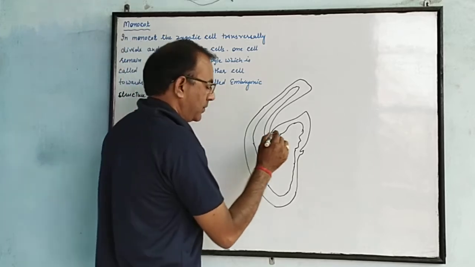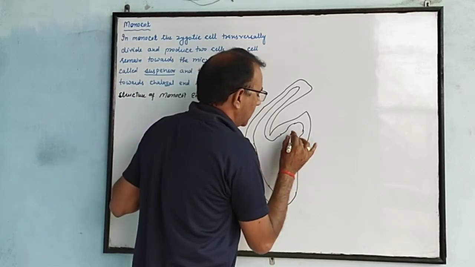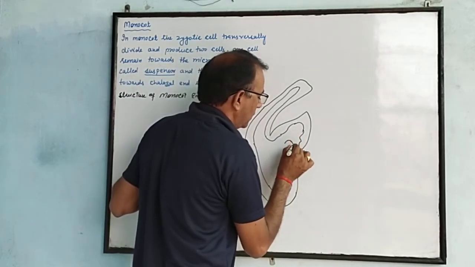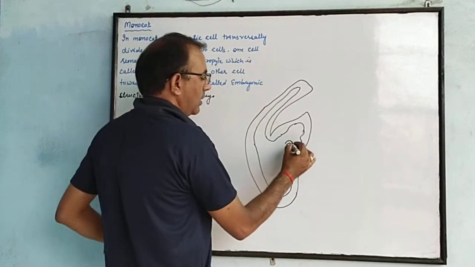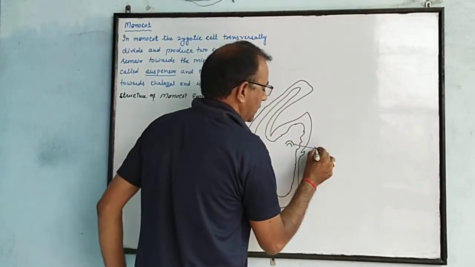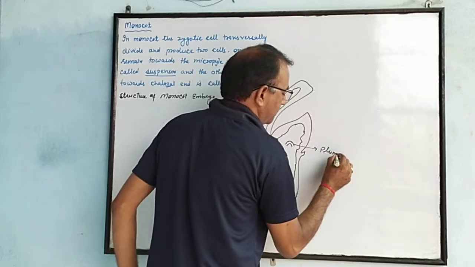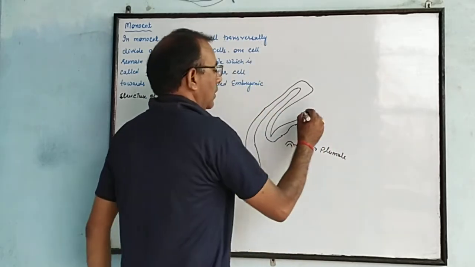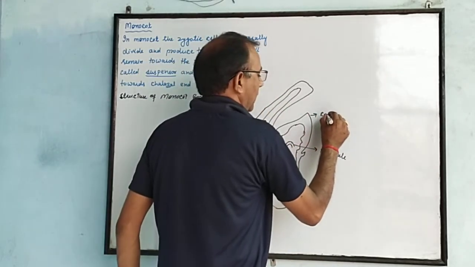This is the endosperm, and this upper part is the plumule. This one is the plumule, covered by the coleoptile.